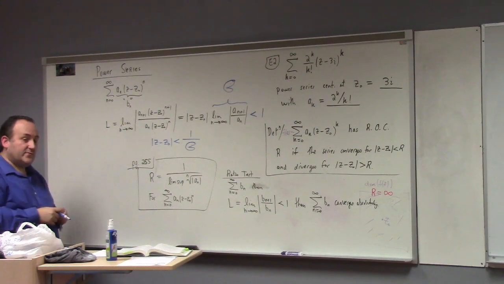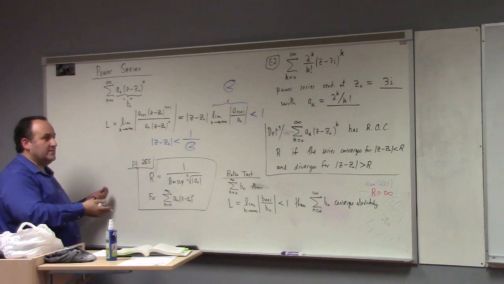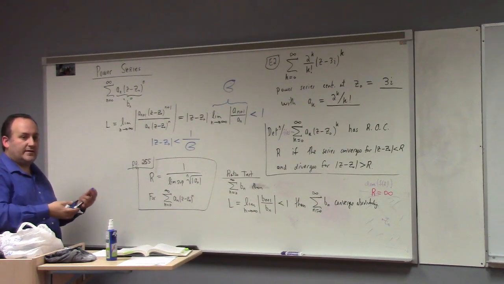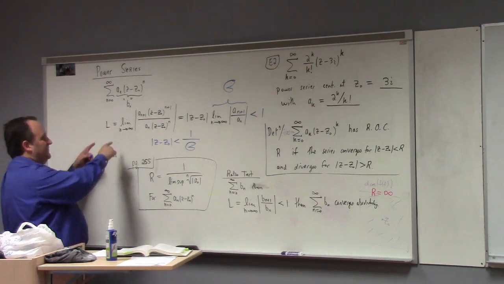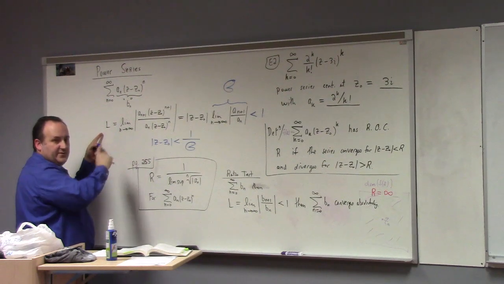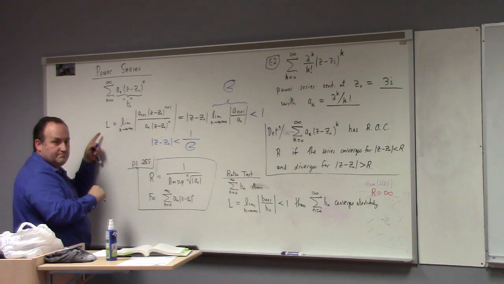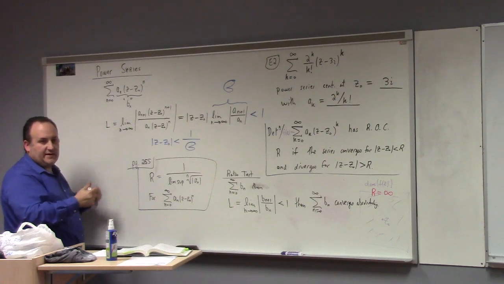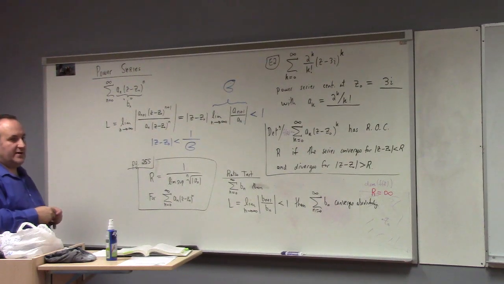So you can use the ratio test for complex series. And it turns out that the meaning of this limit is the reciprocal of the radius of convergence. So that's kind of neat. But the shortcoming of what I just did with the ratio test, think about this.